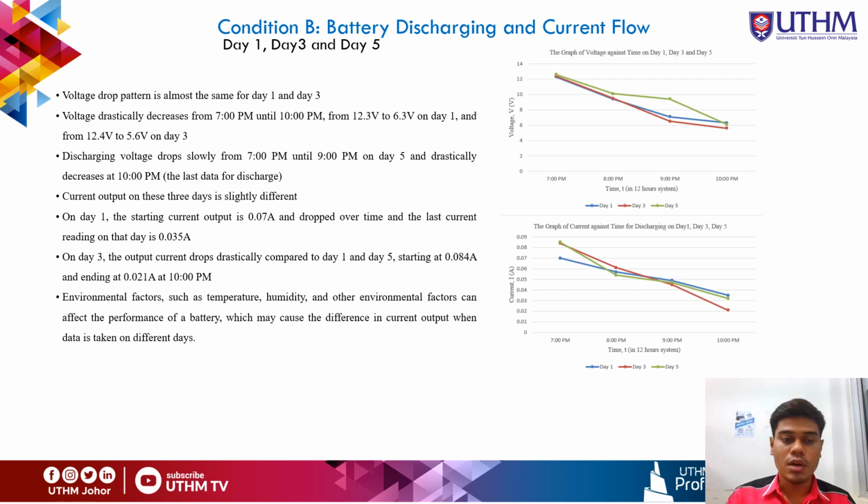For day 3, the output current drops drastically compared to day 1 and day 5, starting at 0.084 ampere and ending at 0.021 ampere at 10 p.m. Environmental factors such as temperature, humidity, and others can affect the performance of the battery, which may cause the difference in current output when the data is taken on different days.